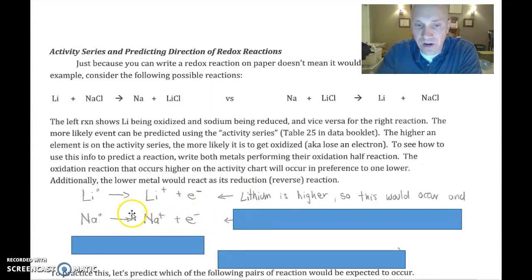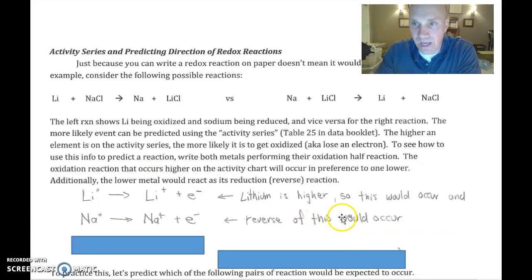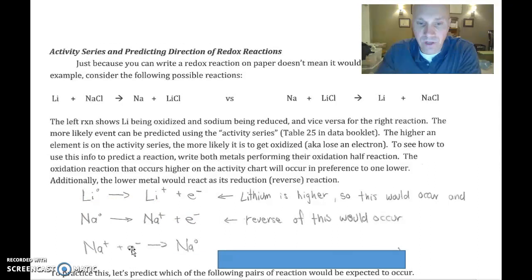This right here would not occur if it were in the presence of lithium. And not only would it not occur, the reverse of it would actually occur. When you do the reverse of an oxidation, that would be a reduction. So if I show sodium ion plus an electron becoming sodium metal, that would be considered the reduction of sodium ion.